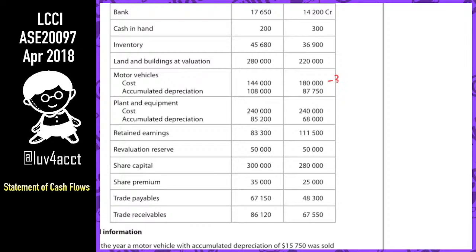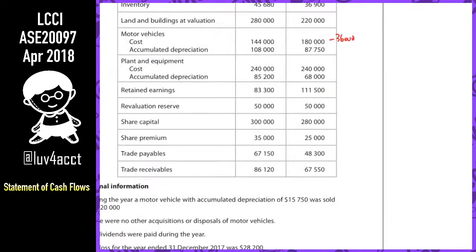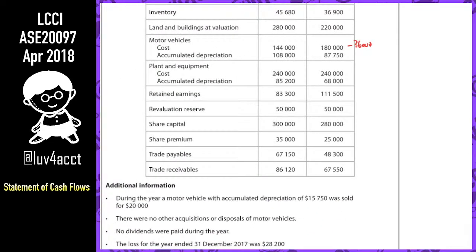36,000. Accumulated depreciation 15750. That is having a carrying value of 20250, sold for this, so you have a loss of 250.